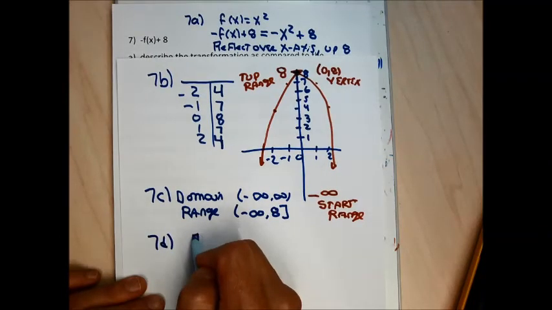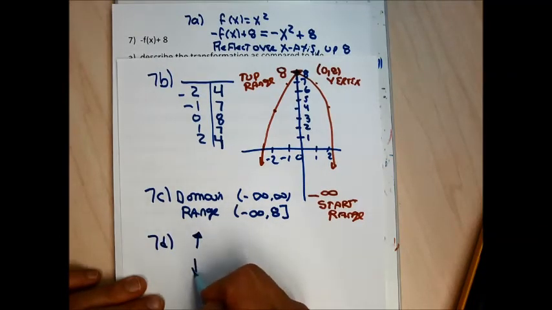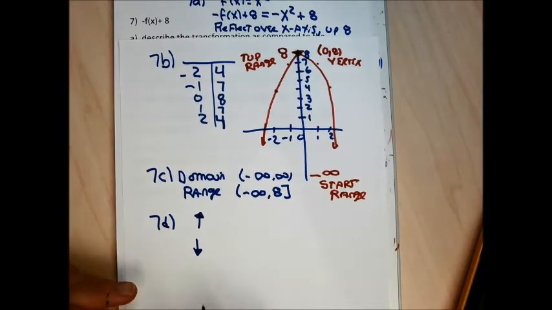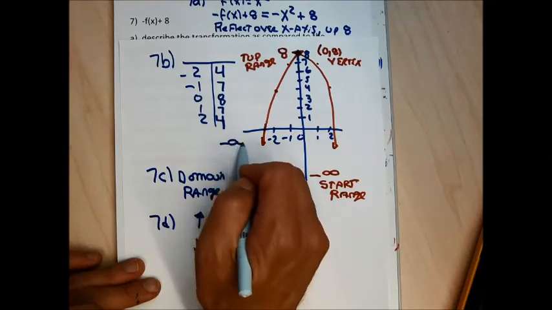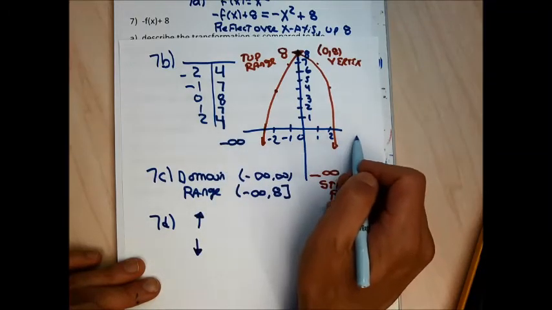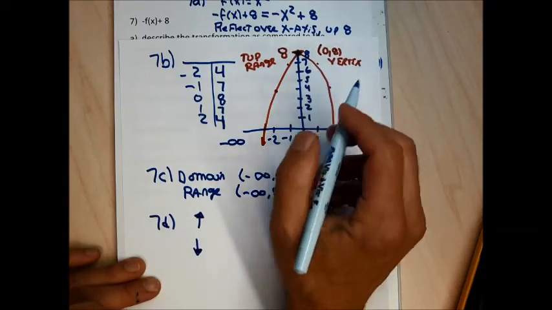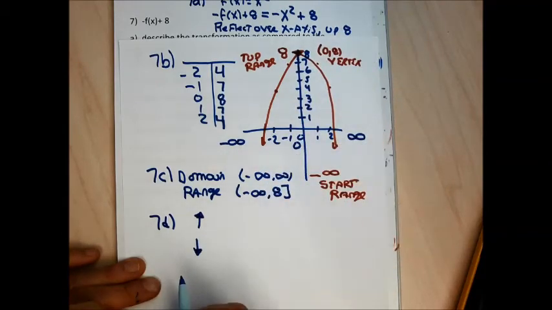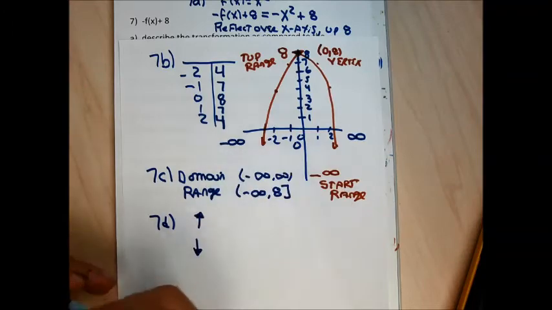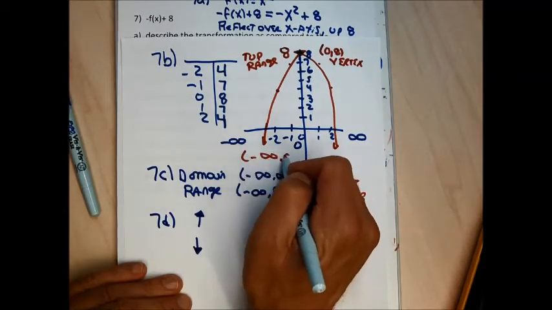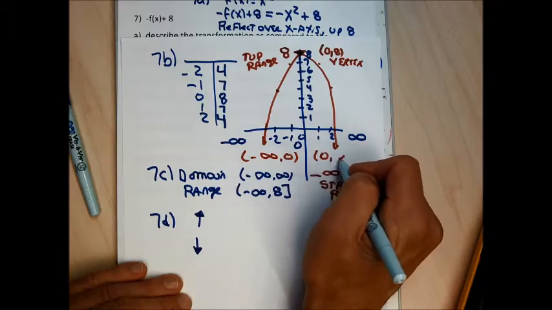7D is the increasing and decreasing, and usually I write arrows as opposed to the words increasing and decreasing. To do that, I put negative infinity on the far left edge of the x-axis, positive infinity on the far right edge of the x-axis, and the x-coordinate of the vertex, 0, down there as well. Now I'm going to create intervals. The intervals that are implied by this are negative infinity to 0 and 0 to infinity.